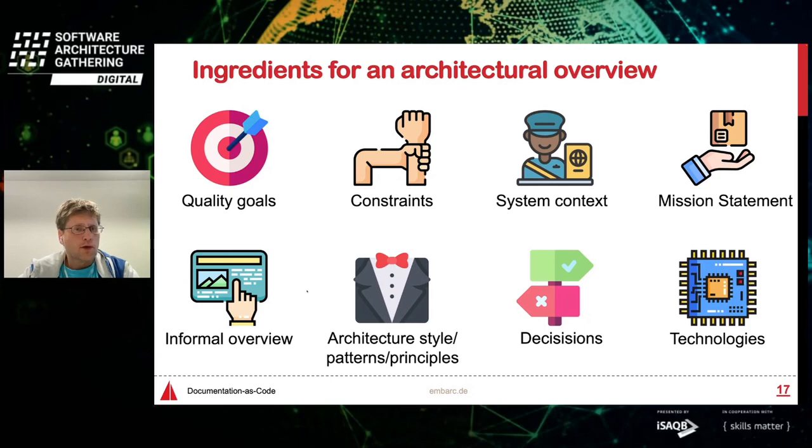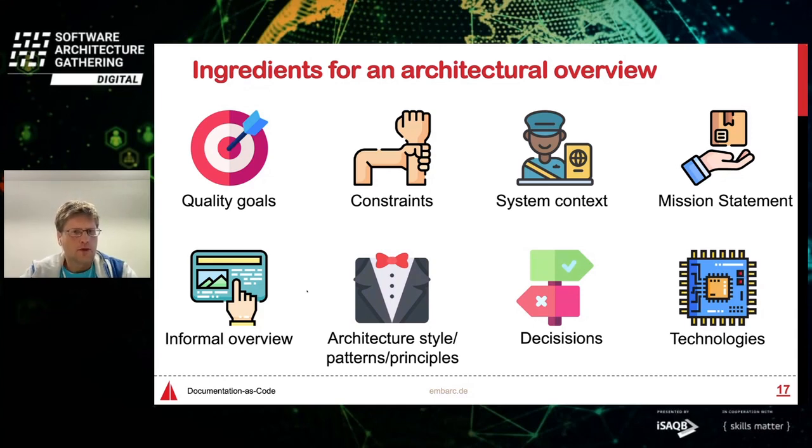The system context shows what is inside our solution, our software system, and what will be outside. What do we have to use? Where do we have to use or implement interfaces, for example? And there should also be something like a mission statement, which is maybe only a few sentences, which we could start with if we are new in a project.